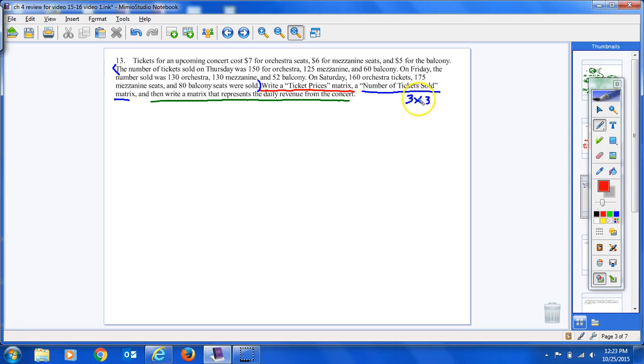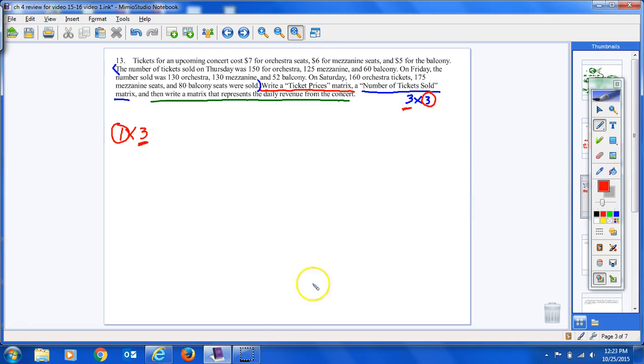The ticket prices matrix is either going to be a 1 by 3, prices being the row and the types being the columns, or it's going to be the other way around. Well, in order to make these multiply together, the ticket prices matrix has to be a 1 by 3, because that would make the inside numbers match. And that would again tell me what the product matrix should be. The product matrix in the end will be a 1 by 3.